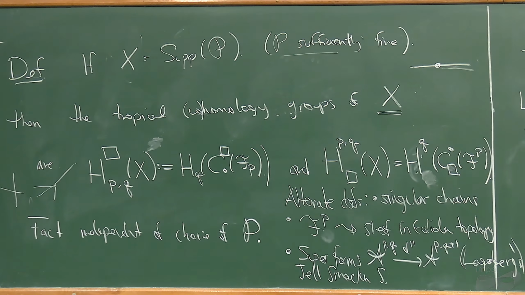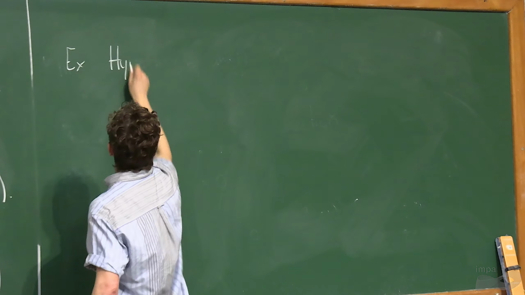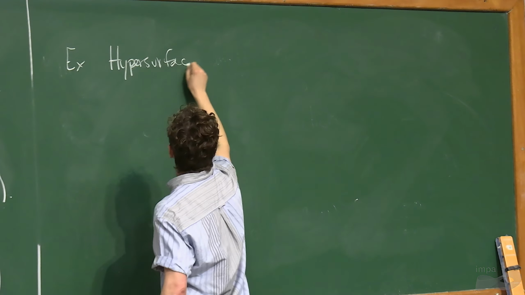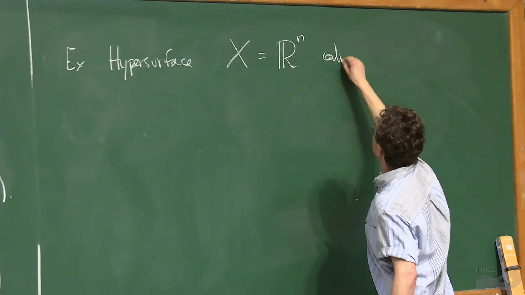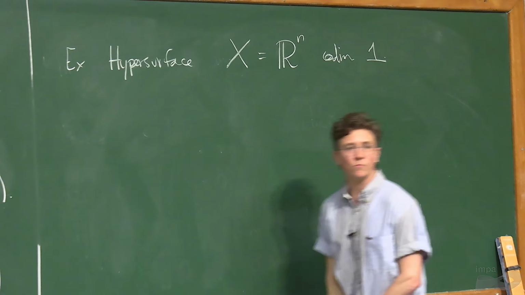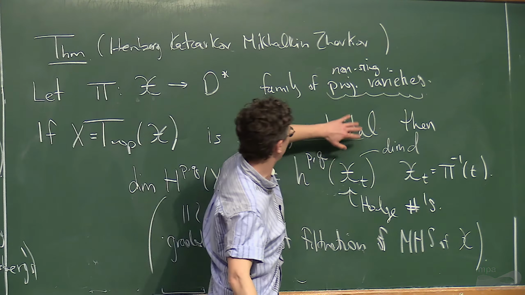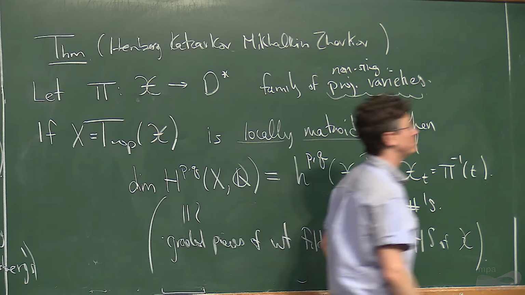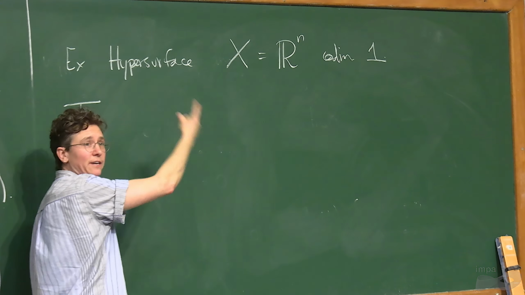So I want to look at the example of hypersurfaces and link to one of your questions yesterday. A tropical hypersurface will be X in R^n, say of codimension 1. And these are always in the situation of the theorem, they always arise as tropicalizations. This is the support of a polyhedral complex with a weight function satisfying the balancing condition.